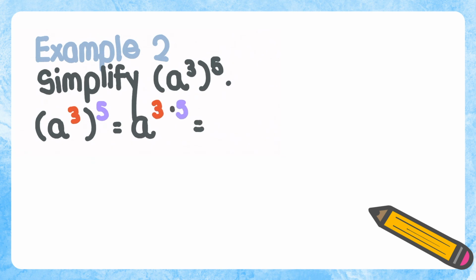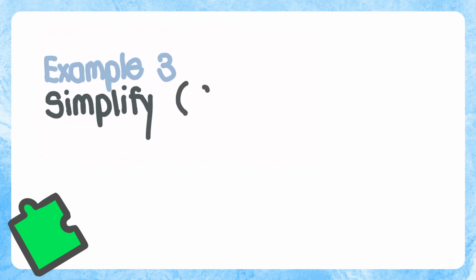And what's 3 times 5? 15. So that's why we get a to the power of 15. Please try this last example on Edpuzzle. You will simplify 8 to the power of 3 to the power of 4 using exponent rule number 3.